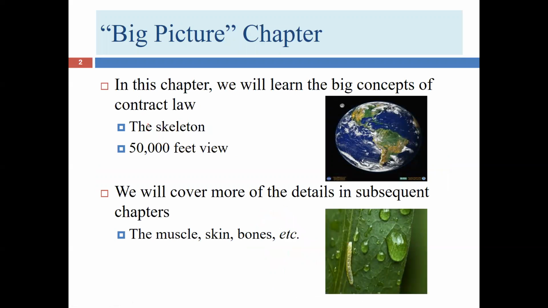I've kind of already said all this, but let's refresh it a little bit. We're going to be talking about the big concepts of the law. When we look at a picture of the earth, we see big issues. We see the United States, or I guess North America. We see South America. We see the Pacific Ocean. We see the Atlantic Ocean.